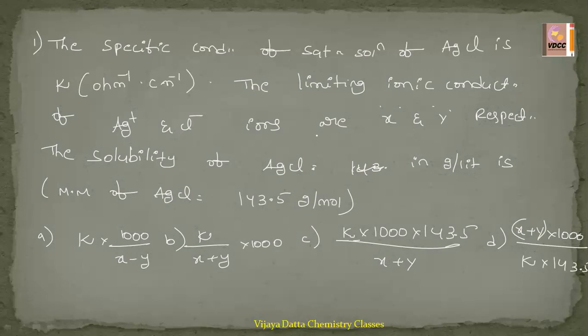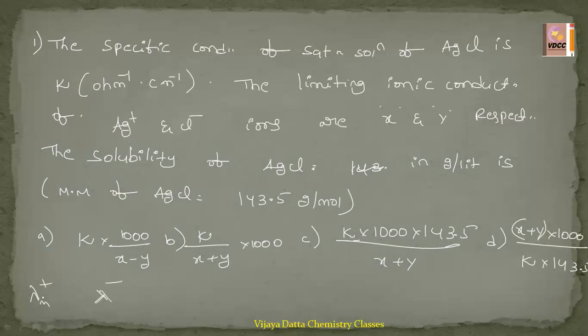First of all, what he has given: the specific conductance, kappa, is given for AgCl. The limiting ionic conductances are lambda plus and lambda minus.